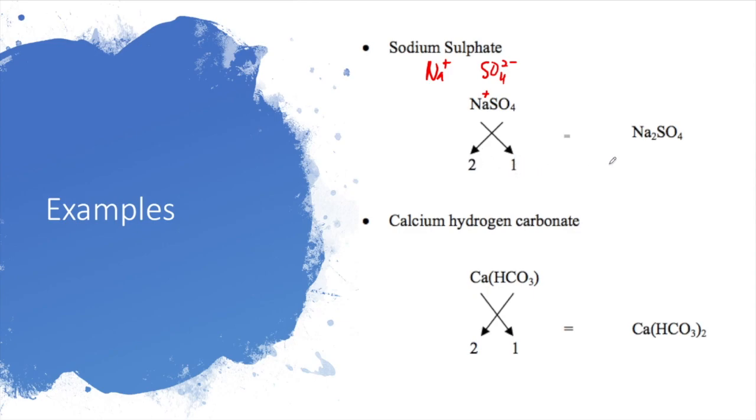It doesn't have a common factor. Therefore, 2 will remain. 1 is not something that we have to show. But in reality, if I have to show the 1, then I need to bracket SO4 and put 1 here. But these two cannot essentially be cancelled. Because it's 1, we don't have to show it, so we just write Na2SO4.